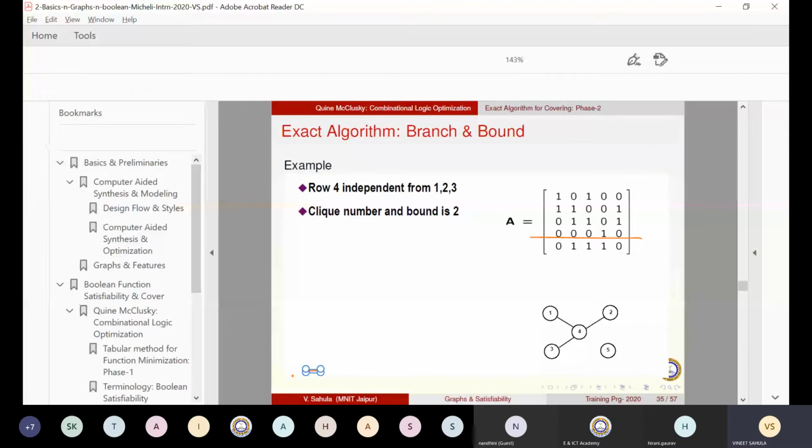It has one common in the 4th column. So row 4 is independent with R1, row 4 independent with R2, and this is the graphical representation. Row 4 is independent with R1, row 4 is independent with R2, and row 4 is independent with R3.